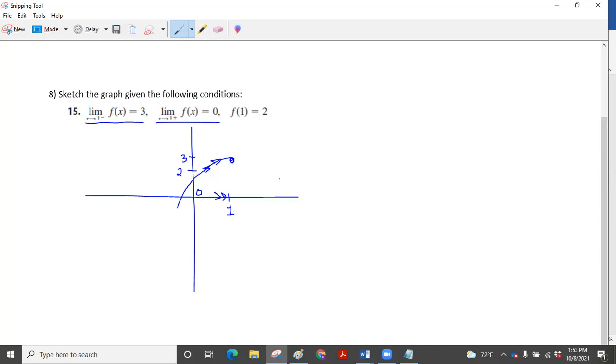So I could say maybe something like this. As I approach from the right, it seems to be 0. And f of 1 is 2. So by the way, this point here is an open circle. f of 1 is 2, so if I plug 1 into the function, I'll get a closed value of 2 there.